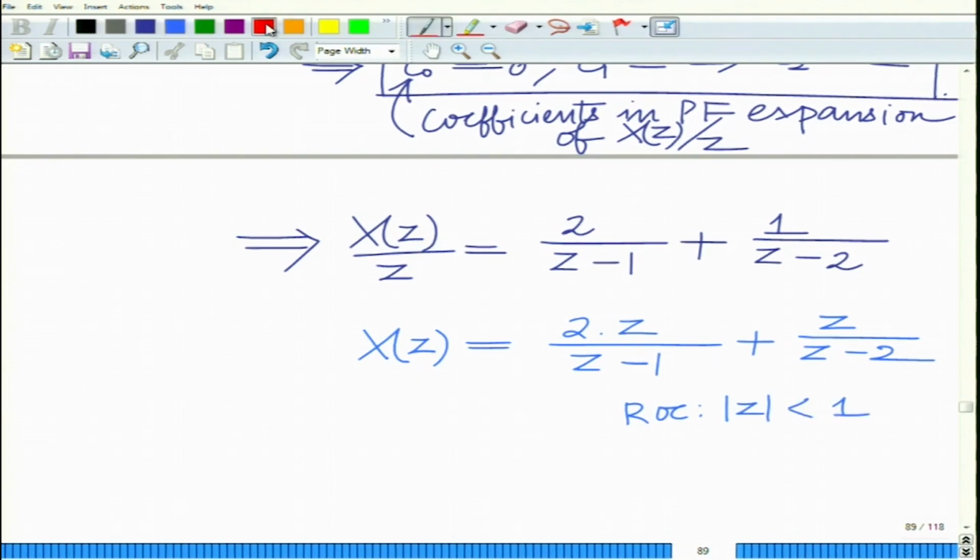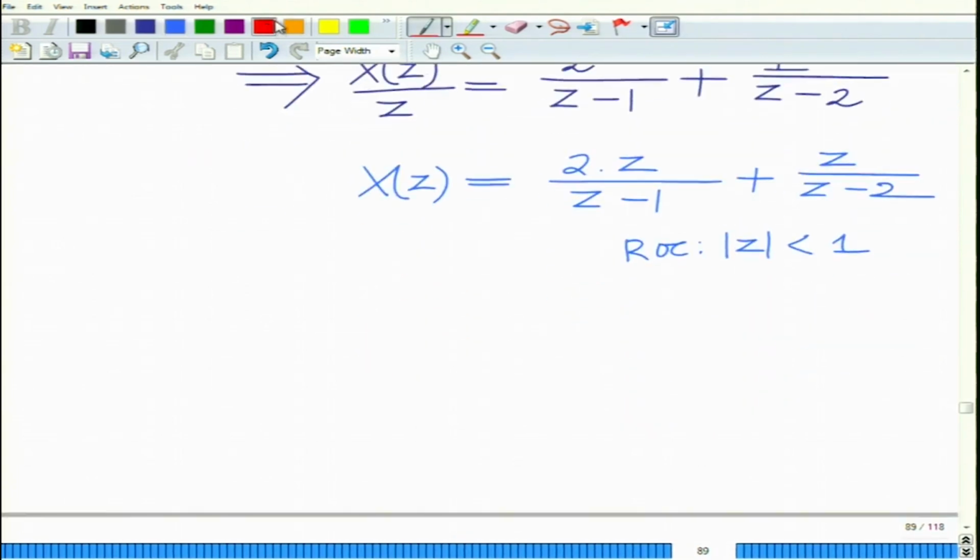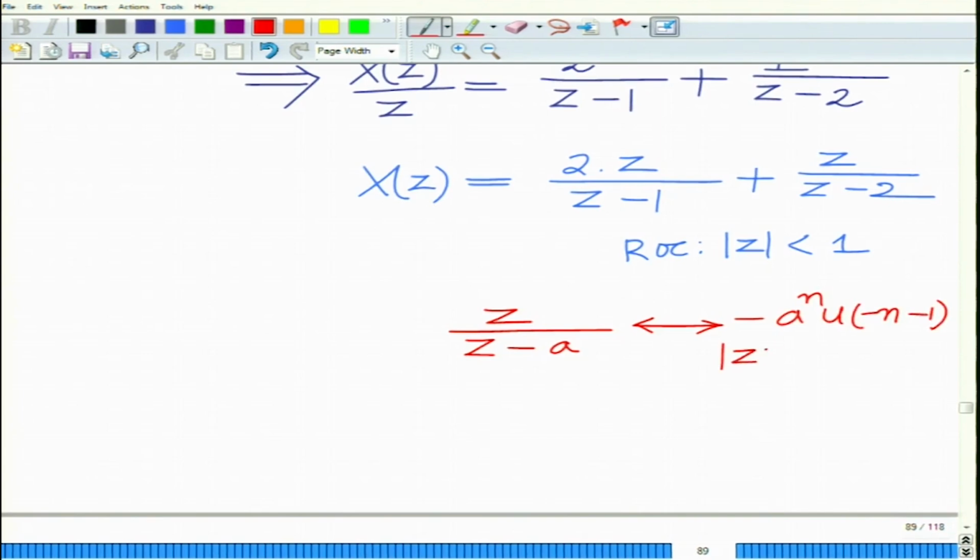Therefore, if you look at the left handed sequence corresponding to this, remember we use the property z by z minus a, for a left handed signal, that will be minus a raised to n u of minus n minus 1, and the ROC is magnitude of z less than a.